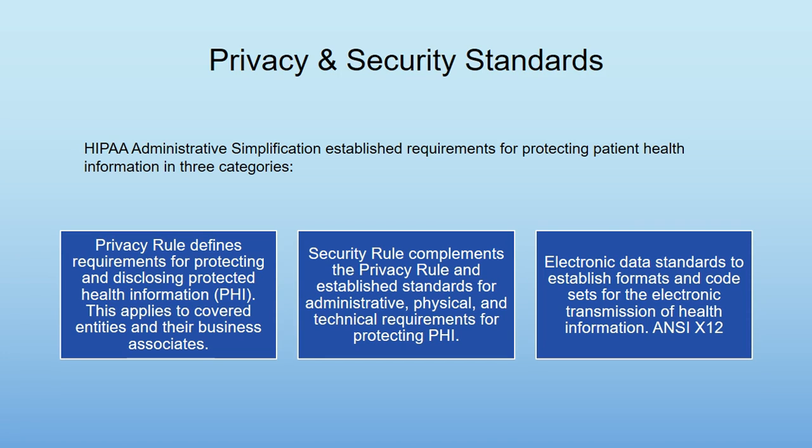The security rule complements the privacy rule, and it established standards for the administrative, the physical, and the technical requirements for protected health information. And then there's the electronic data standards that I mentioned earlier that establish the formats and the code sets for the electronic transmission of health information. You might see that abbreviated as ANSI X12.